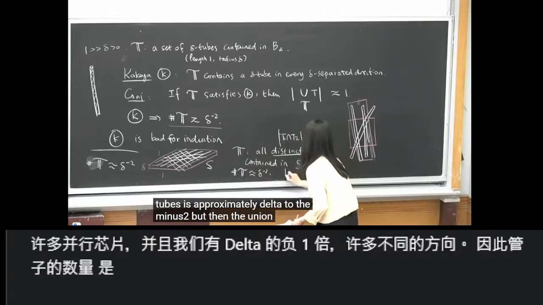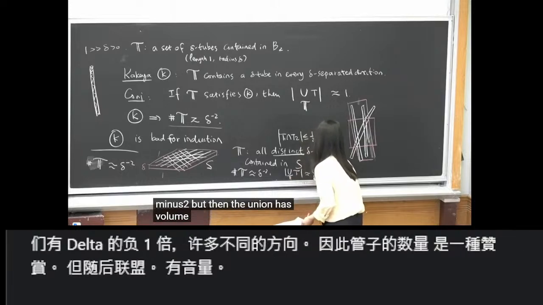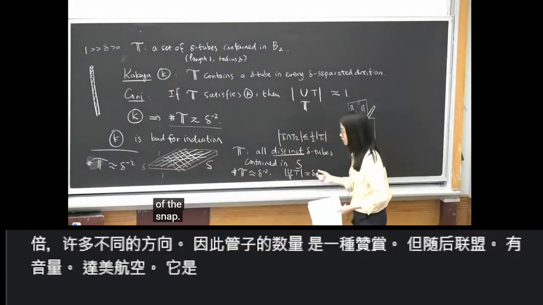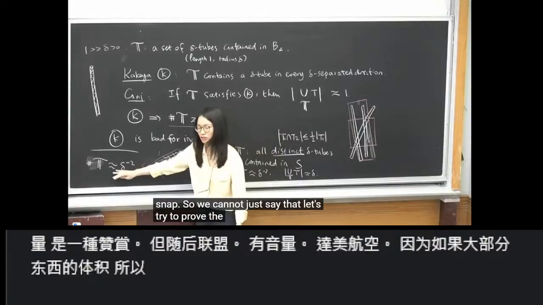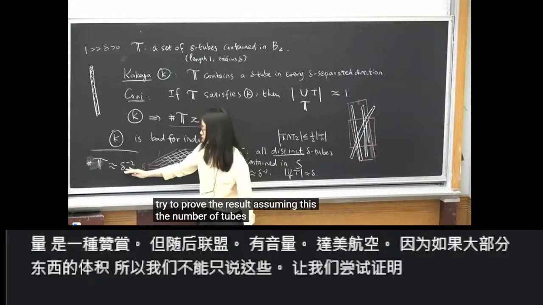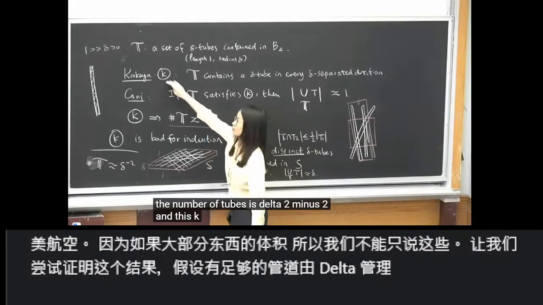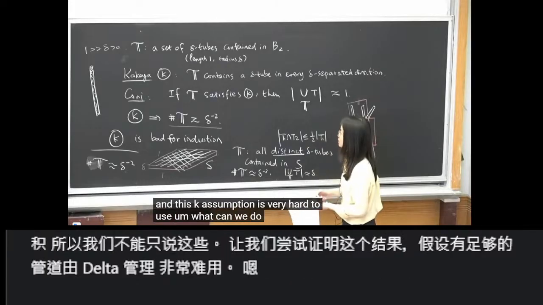But then the union has volume delta because it has most the volume of the slab. So we cannot just say, let's try to prove the result assuming just the number of tubes is delta to the minus 2. And this Kakeya assumption is very hard to use. What can we do?